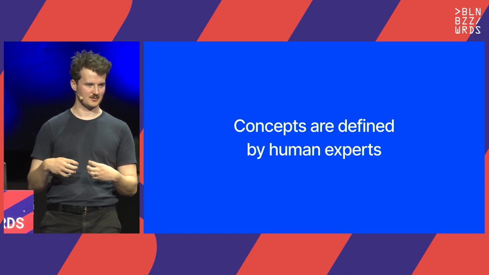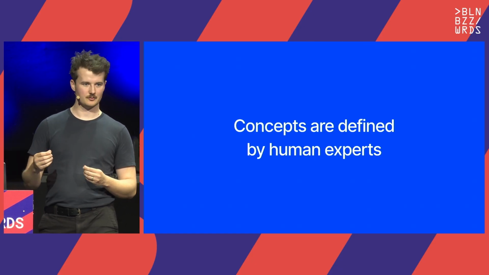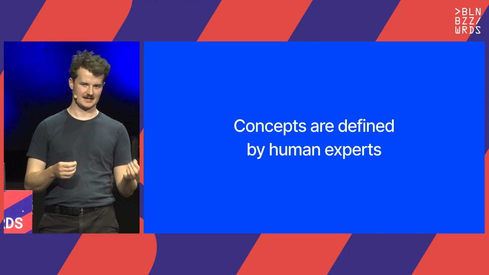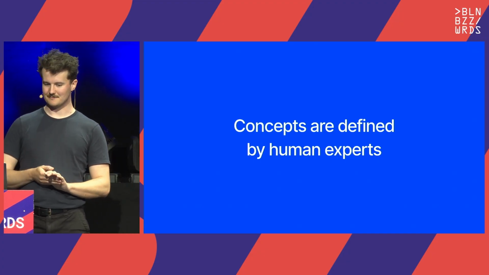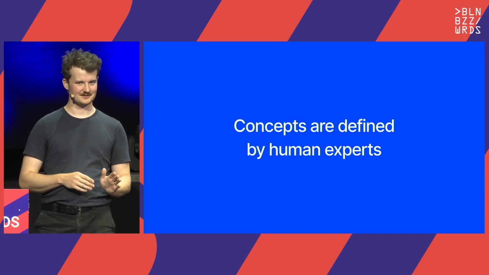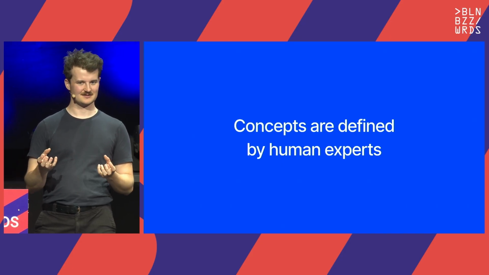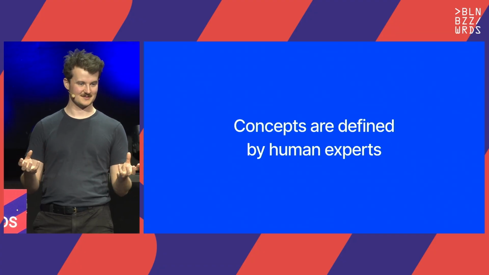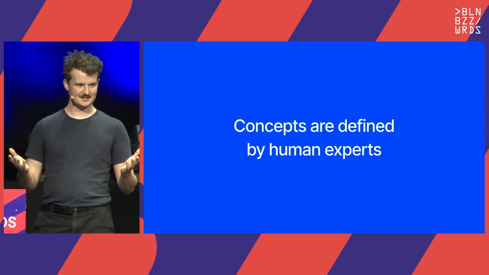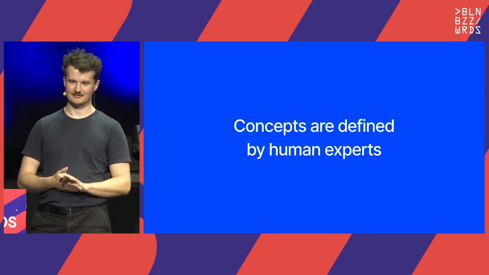We want to take responsibility for the way that we see and categorize the world. As we heard in the keynote this morning, the power to name, who gets to make the decisions about the concepts that are important, is a very important decision in and of itself.